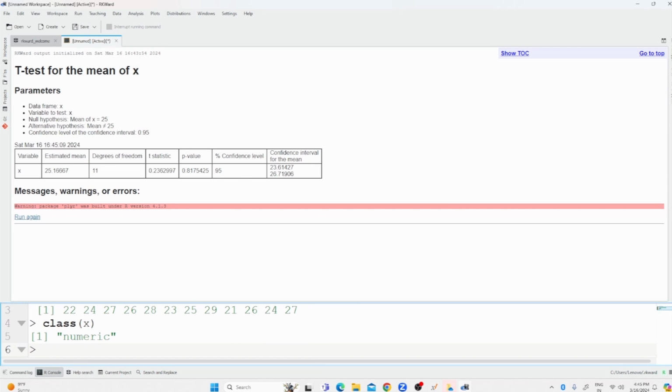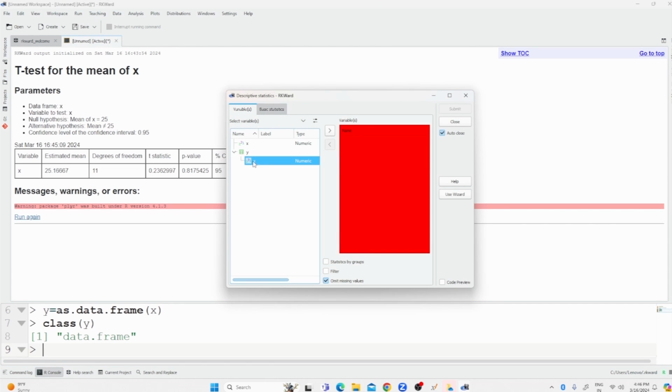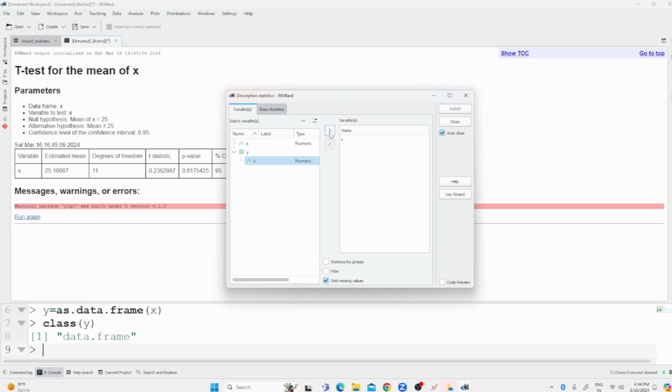So for using the standard deviation function we need to use a data frame, as data frame. Why am I doing this? Because x will not be accepted by the package descriptive stat. Now we go to descriptive statistics.